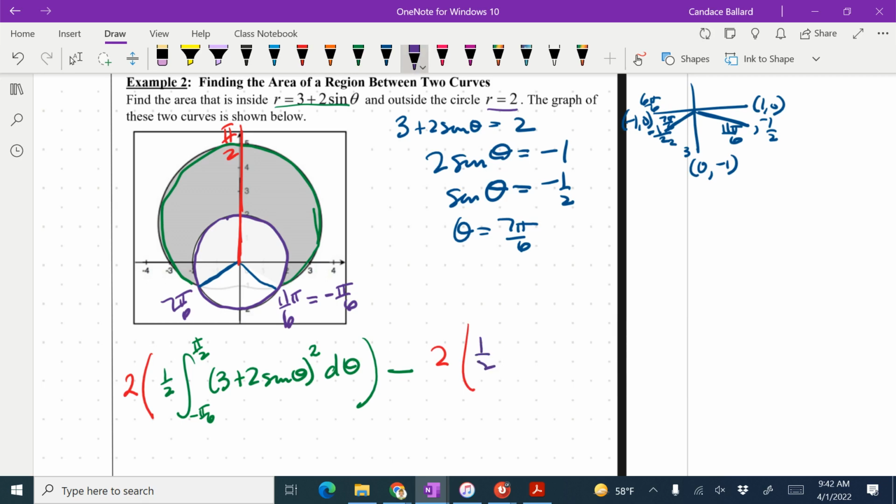So 1/2 the integral, same bounds, negative pi over 6 to pi over 2, and then it was 2 squared d theta.